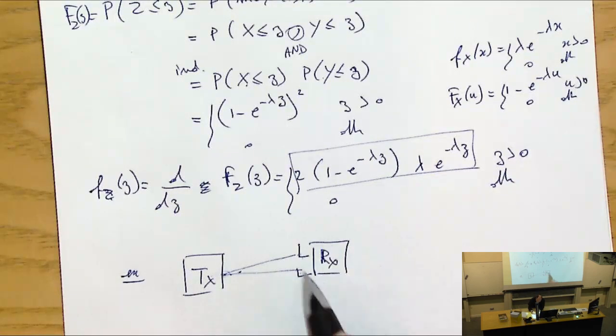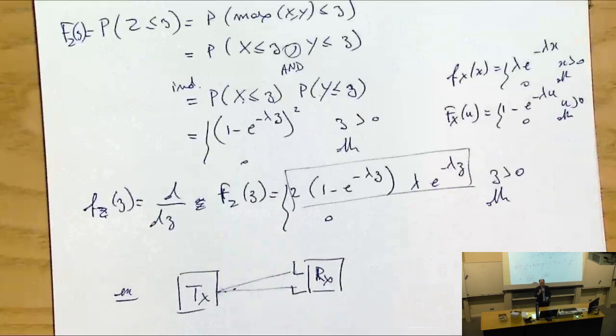And what the receiver does here, by doing max, is at every time instance try to use the antenna that has the highest signal power. So you have the signal obtained on two antennas, and the receiver just selects the antenna for which the signal power is the largest, right?